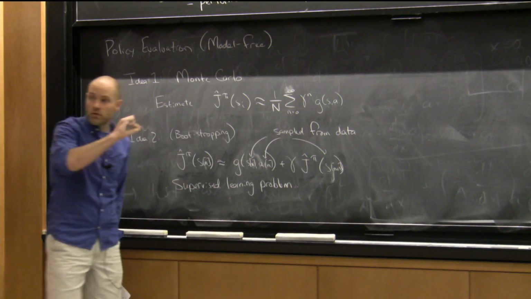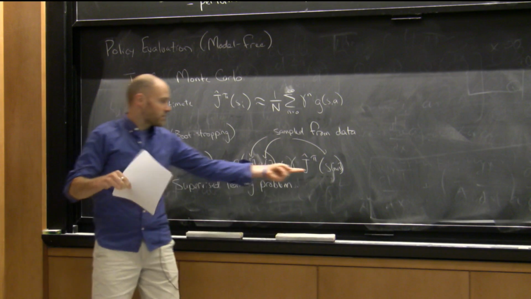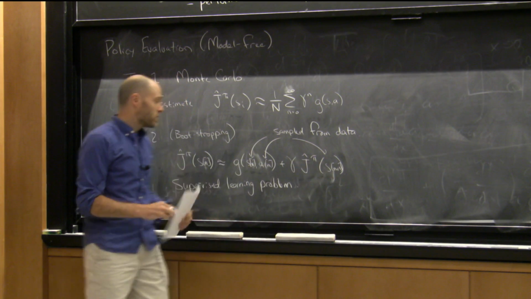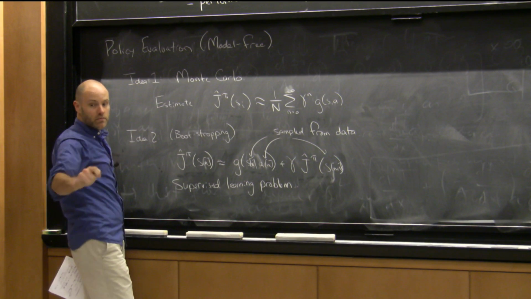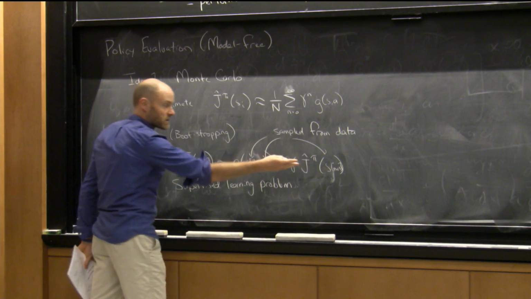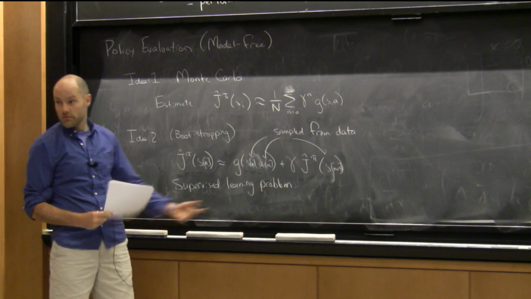So if I get some samples along the trajectory, this is the cost that I got at one step plus the cost I got at the next step. I'm going to accumulate a lot of data like that by running lots of random samples, and I'd like to make my function approximator be consistent about the long-term cost. Yeah?